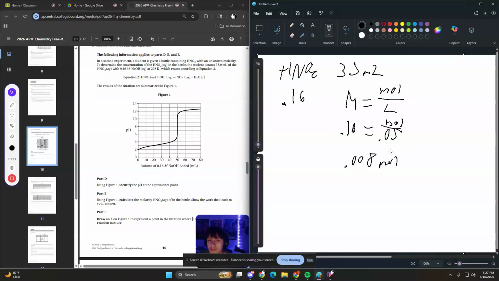So now that we have the moles of base, we know that this is how many moles there are in our acid. Then, since we also know the volume, we plug these in to find out the molarity. So 35 milliliters into liters gives us a molarity of about 0.0229. We'll say 9. Okay, so that's part E.